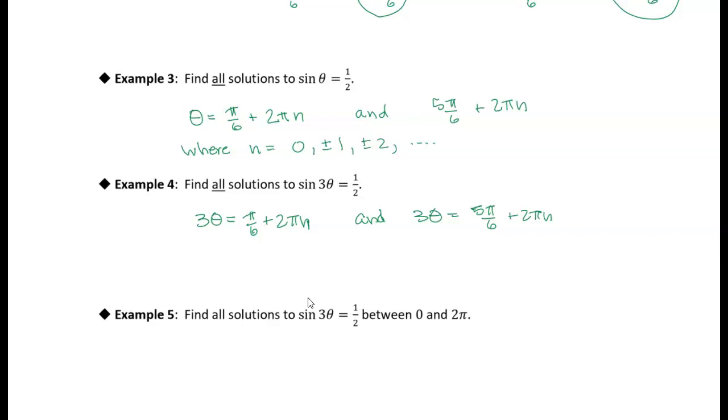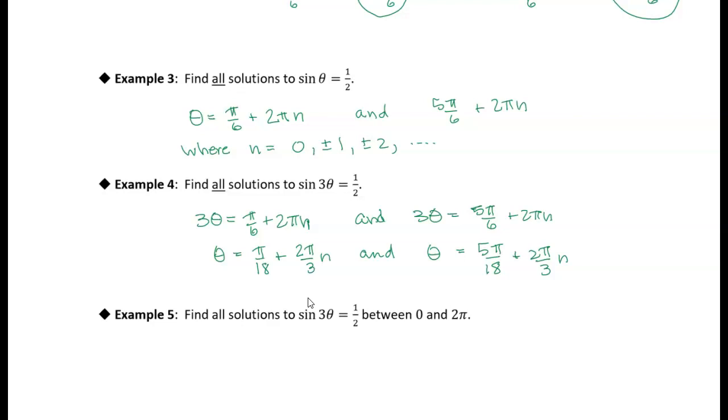So if we divide both sides by 3, I get theta is equal to pi over 18 plus 2 pi over 3 n. All right, and the other one is going to be theta is equal to 5 pi over 18 plus 2 pi over 3 n. Okay, so now I found all the solutions.